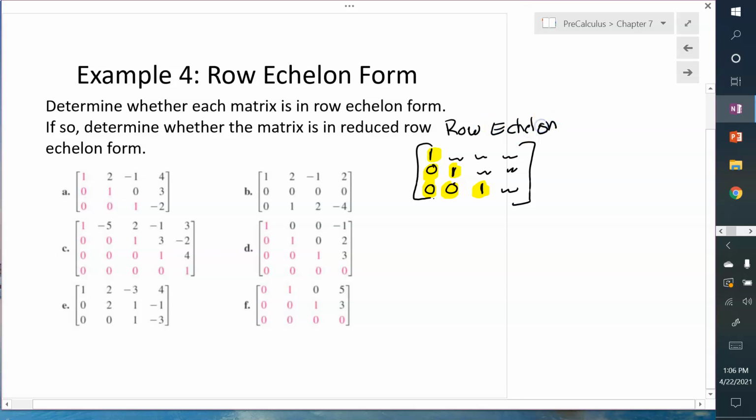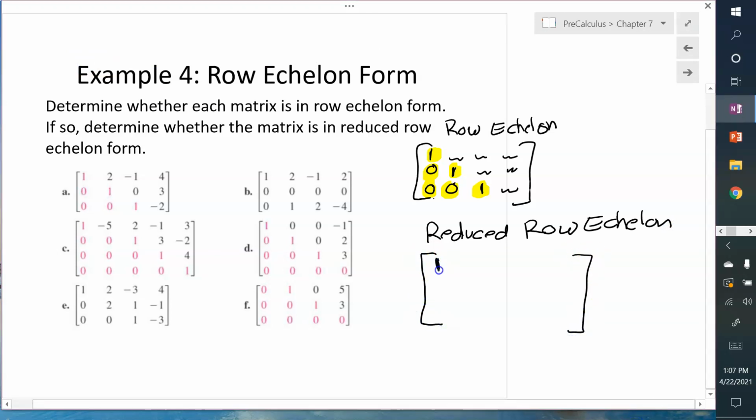Now the other kind is reduced row echelon form. And what happens for that one, and this is the best for solving our systems, is first row, first column, you have a 1, and then the others are 0.